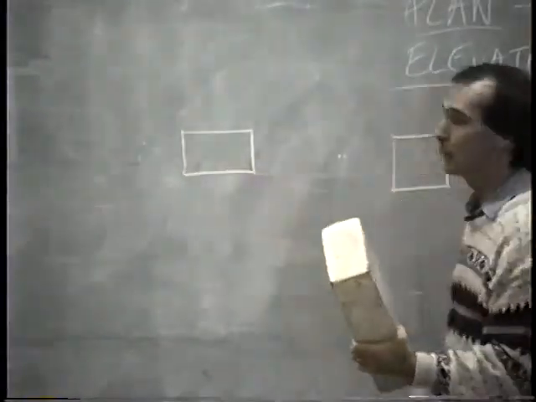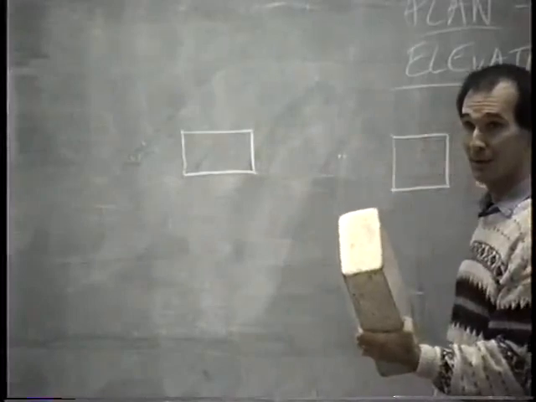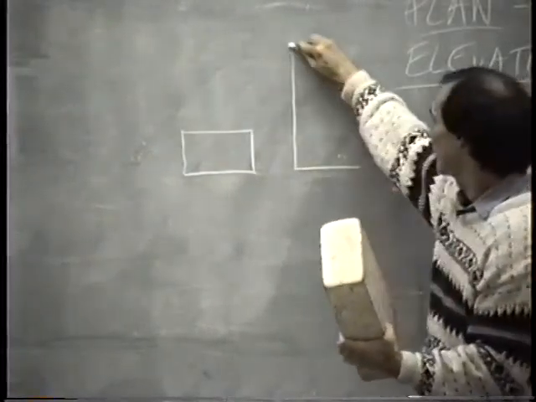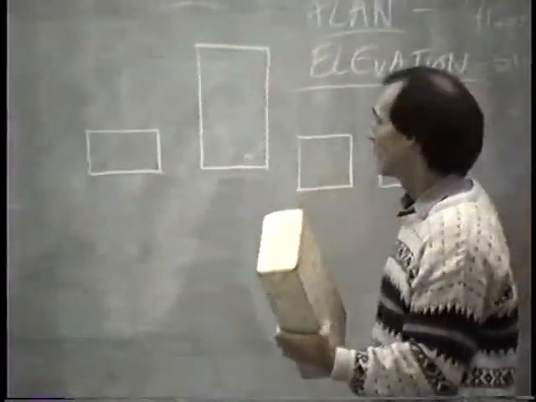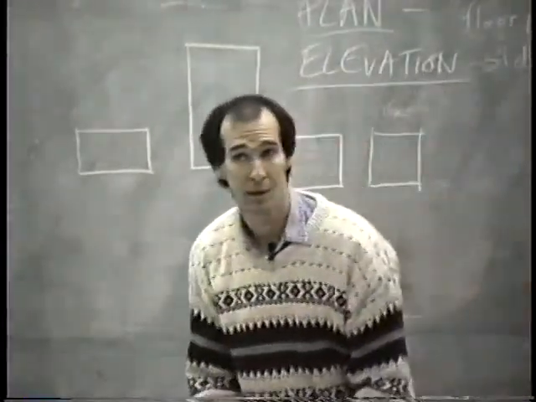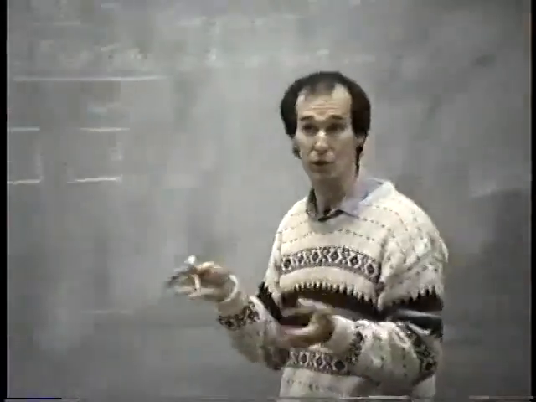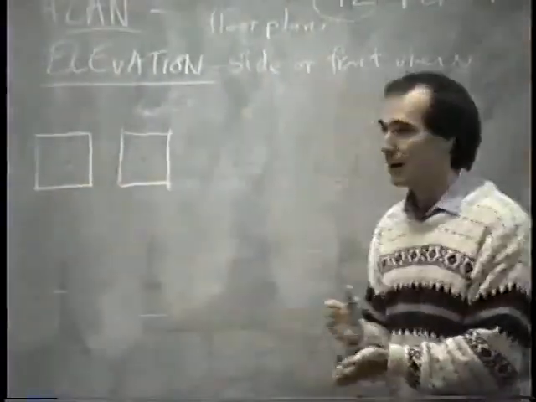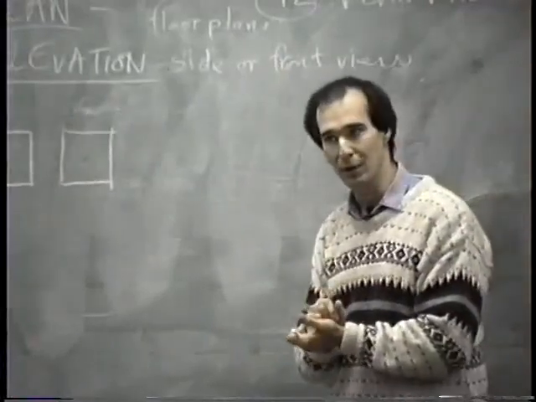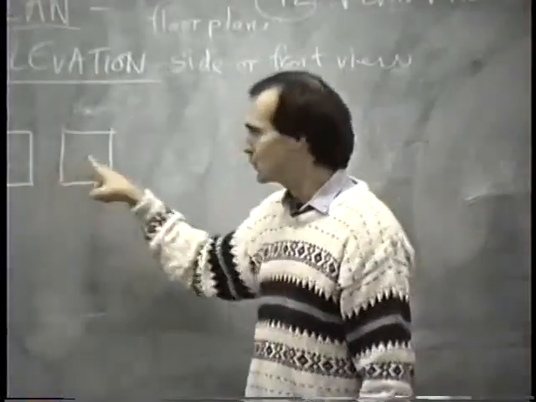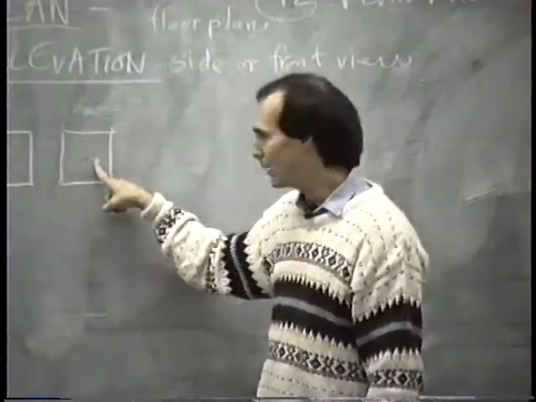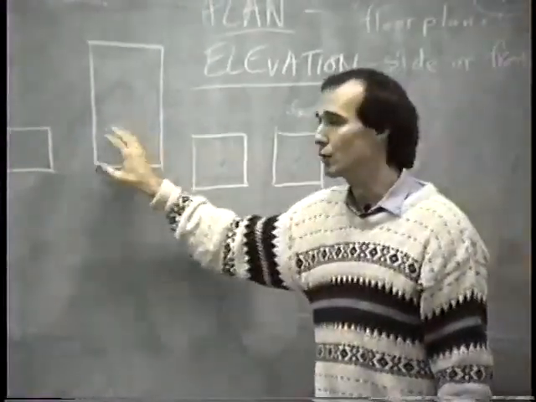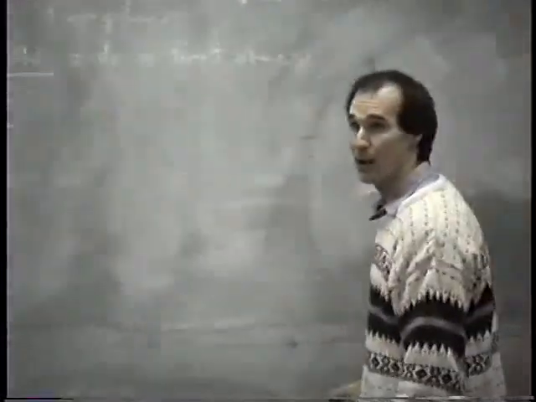And what does the elevation look like? That's right. The elevation will be something like that. Important information, because from those two things you can deduce the shape. We're going to use this one at the risk of it being confusing, that there's no difference between the plan and the elevation. But I'm going to do this more than once. And the second time I do it, I'll use one that has a different elevation than plan.